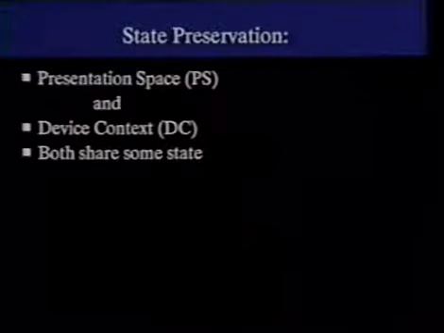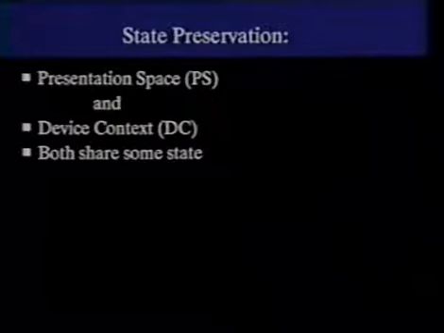Now, in a little bit more detail, the two constructs, the presentation space and the device context, are each responsible for storing some of the state of the graphical system. In particular, the presentation space handles the storage of hierarchical picture elements, which we call segments. Notice this is a concept to which I will recur.